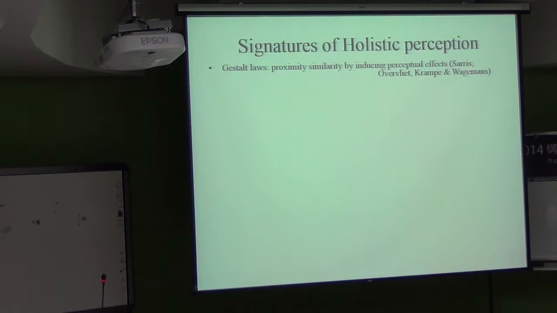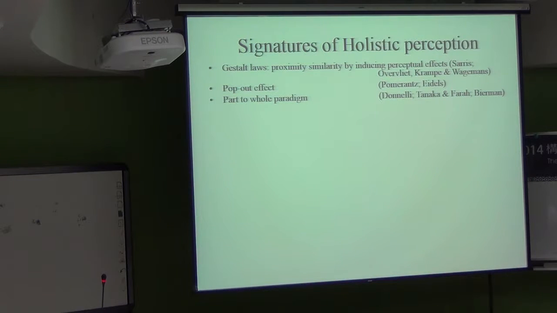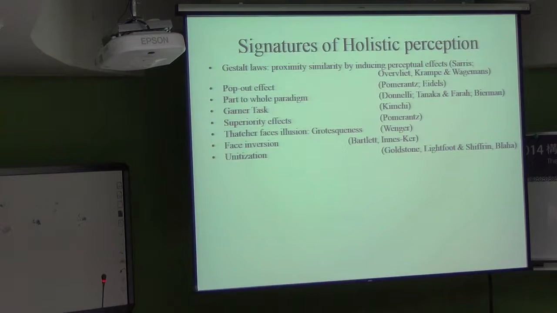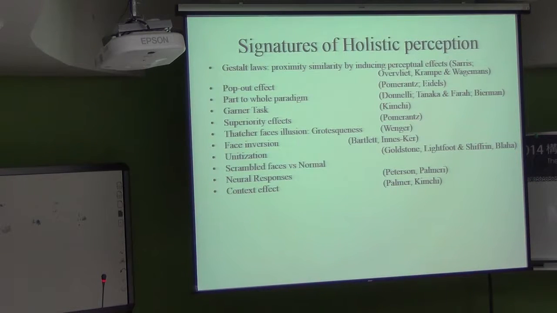If you have a look at some of these concepts: the Gestalt laws, the part-whole paradigm, the composite paradigm, Garner tasks, superiority effects, the capture illusion, grotesque faces, face inversion, unitization, scrambled versus normal faces, neural responses, context effects.